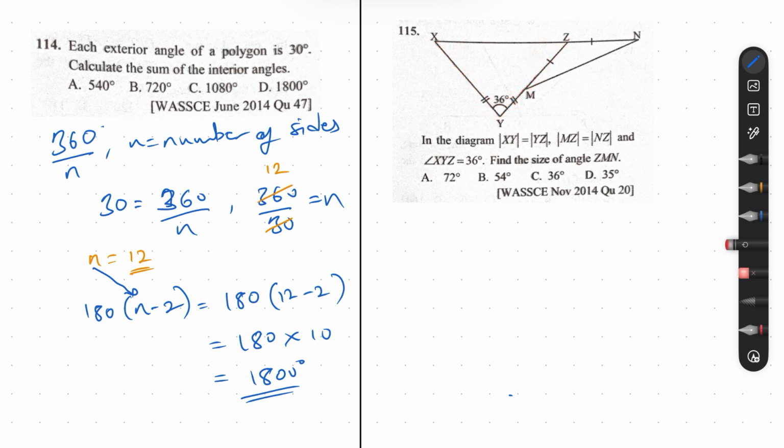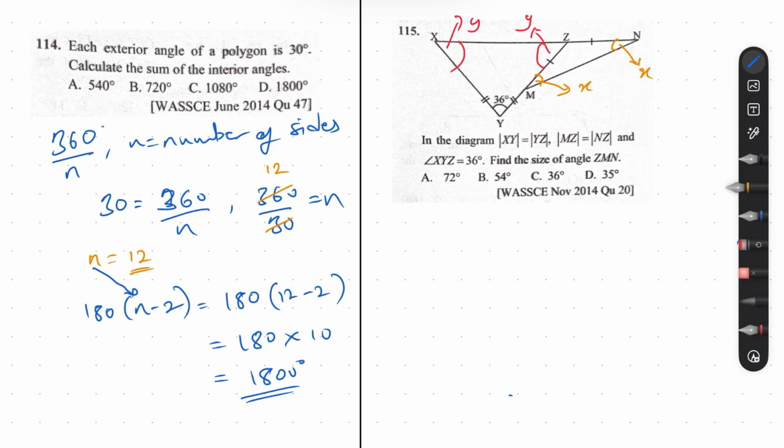So let's label them as y. Now, we've also been told that this side here is the same as this side. That means these two angles will also be the same, so let's call them x.